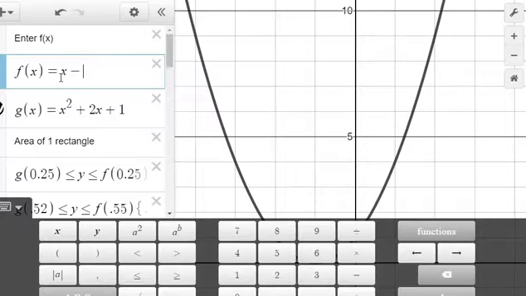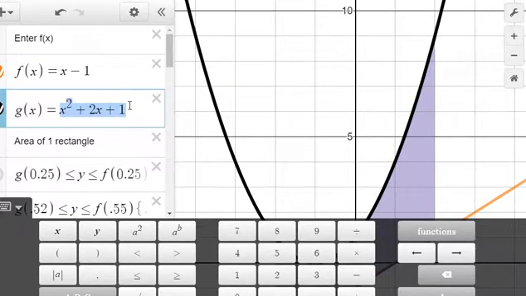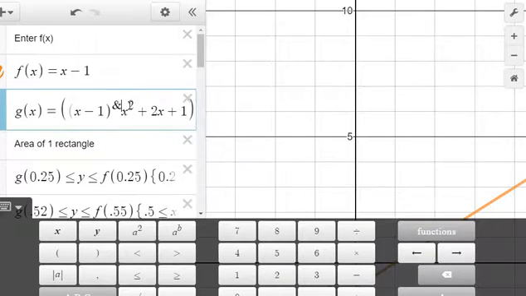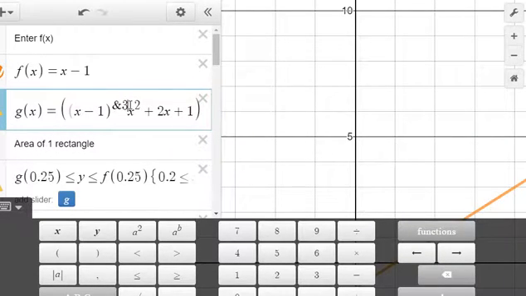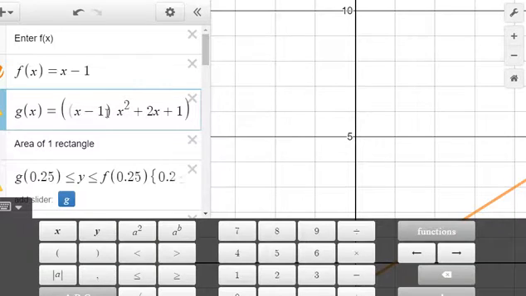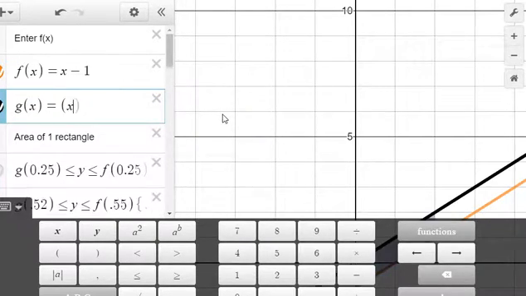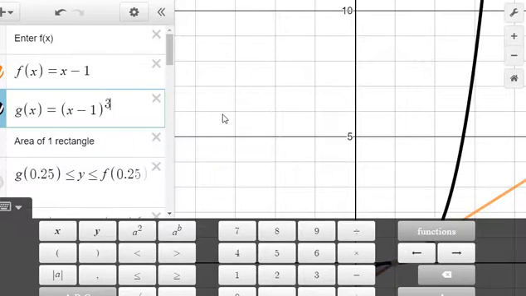So x minus 1 and x minus 1 cubed. Let's try that again. (x minus 1) cubed.